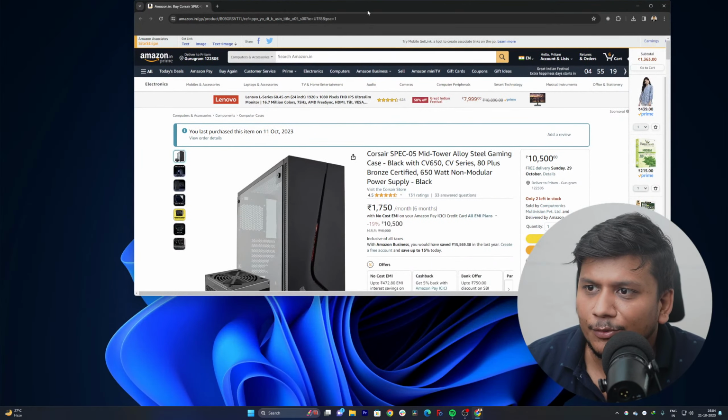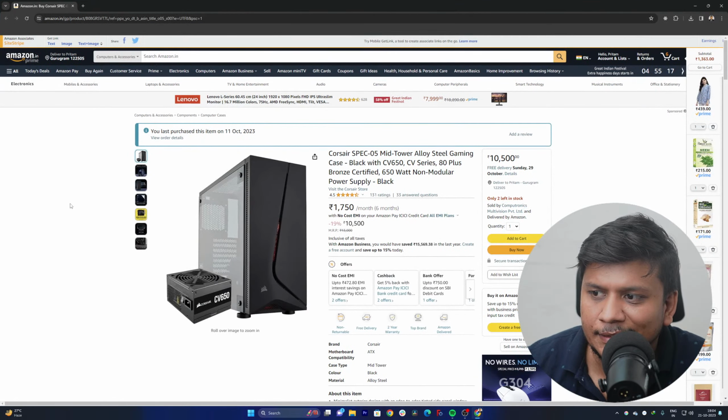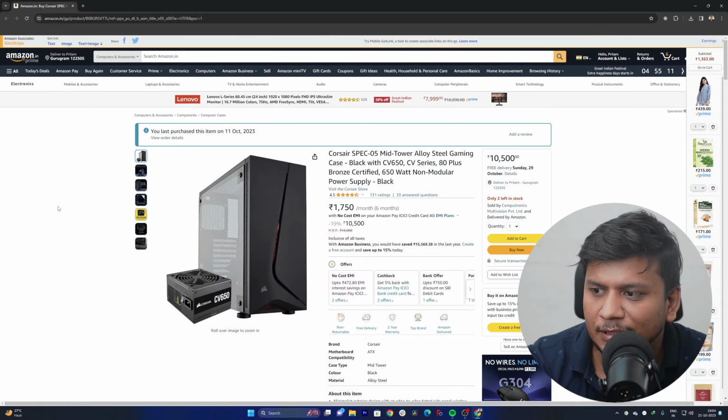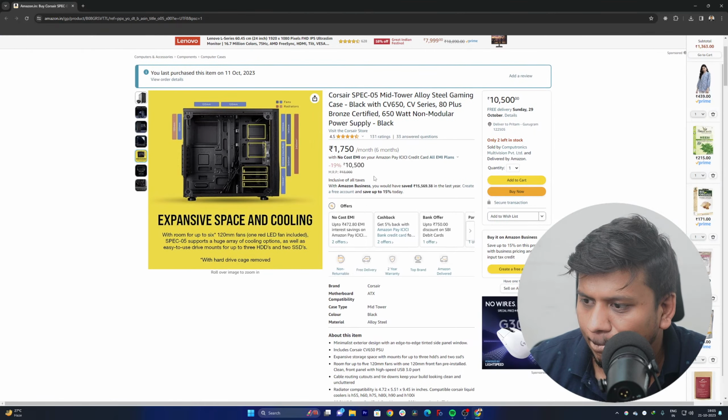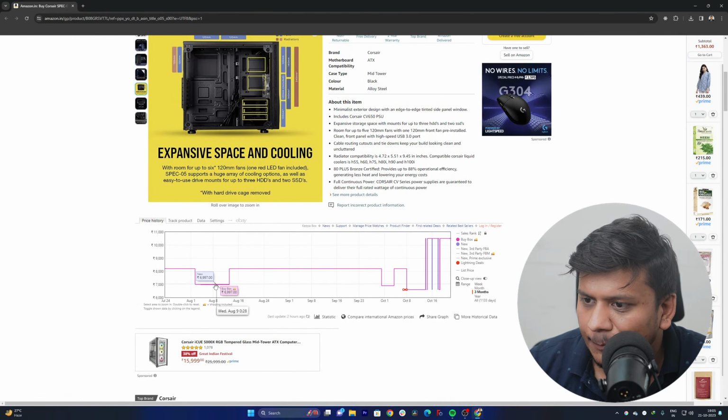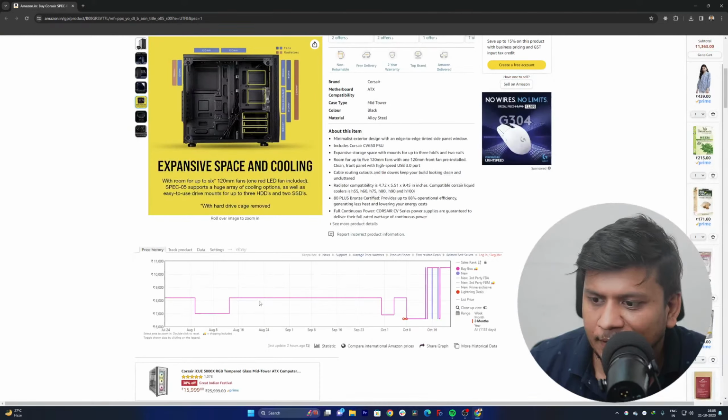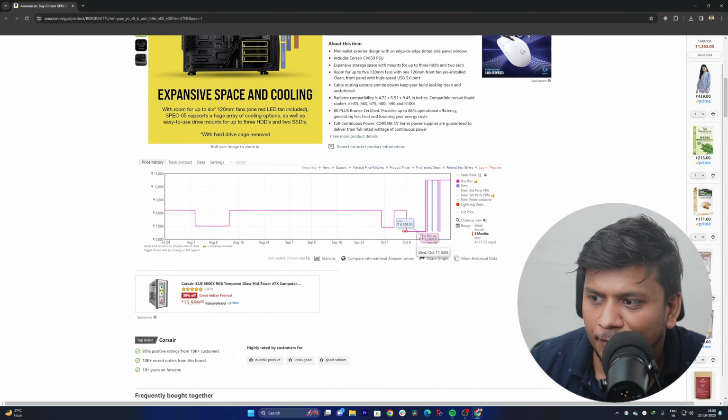The first component here I have used is the Corsair Spec 05 mid tower cabinet. The reason I went for this particular one is I got this combination at 6,500. But unfortunately, as I can see here, the price has now increased, and you can see here if you are also using a price tracker the way I am using.